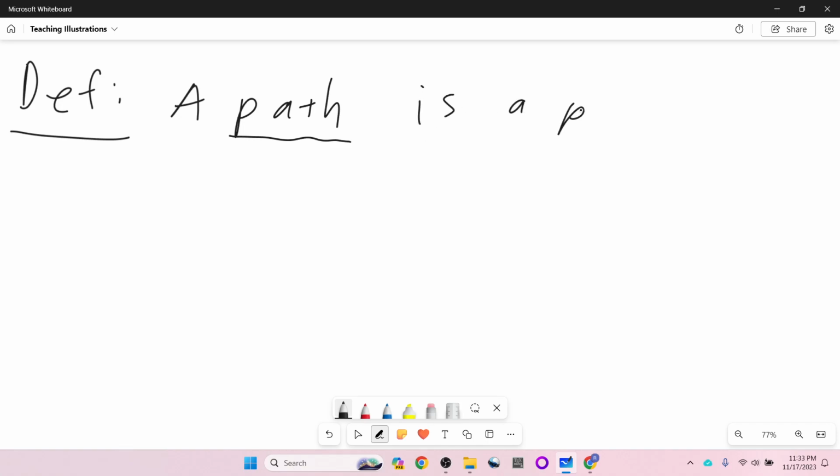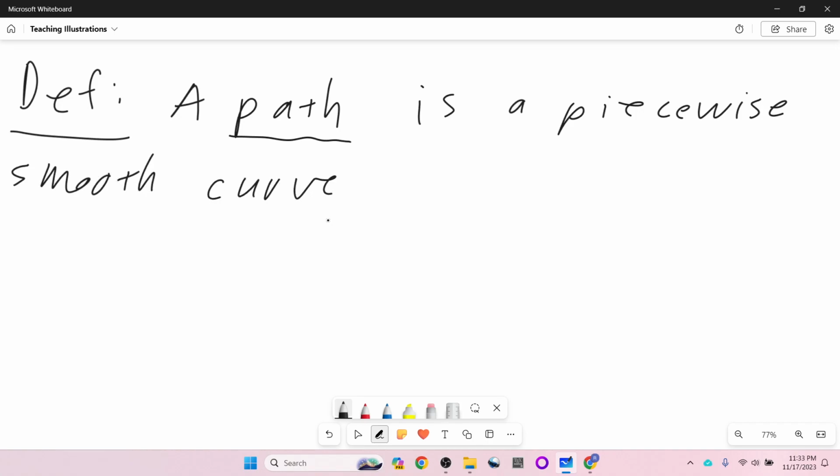A path is a piecewise smooth curve. That's really the definition, but let's spell that out a little more.